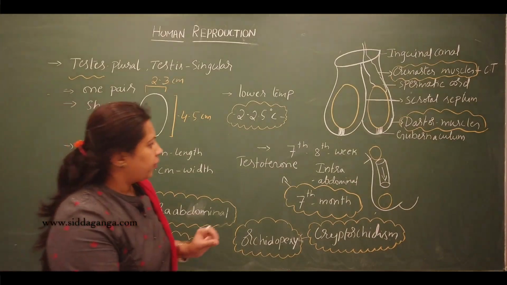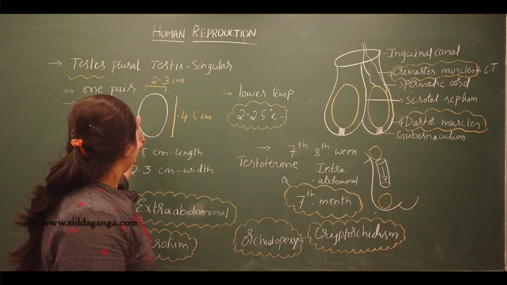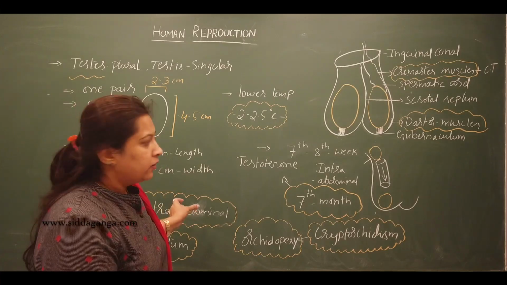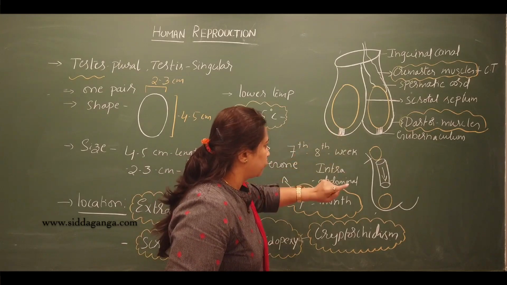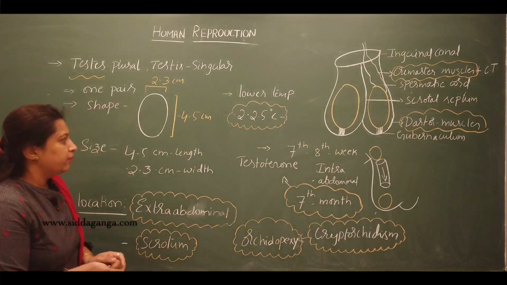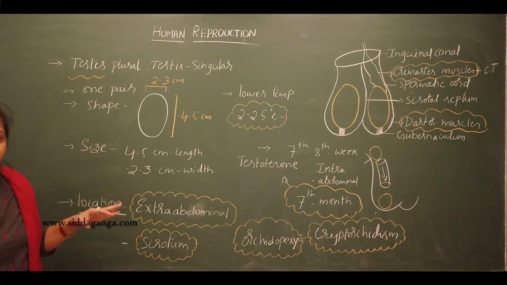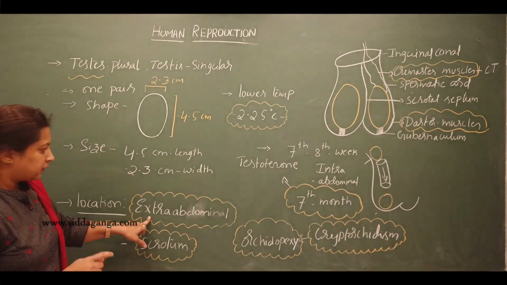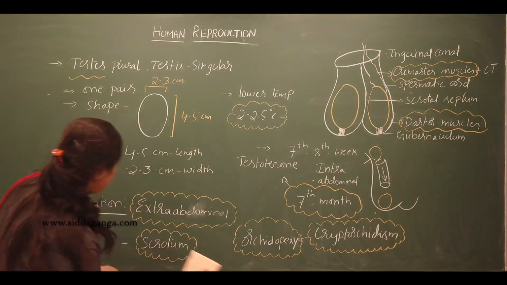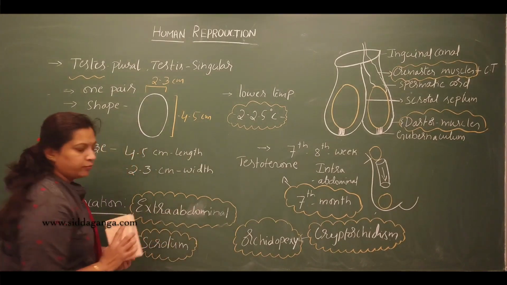Okay, so this is about the testes, where they are located, and what is the scrotum, the function of the scrotum. All these are very, very important points. So many neat points can arise from this topic. In human males, the testes are extra abdominal, right?